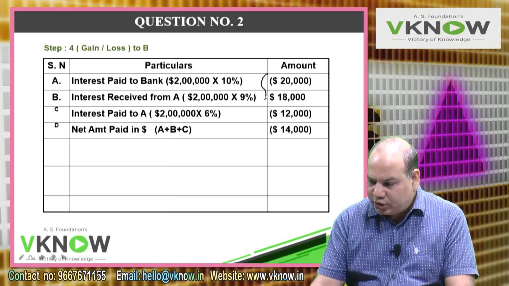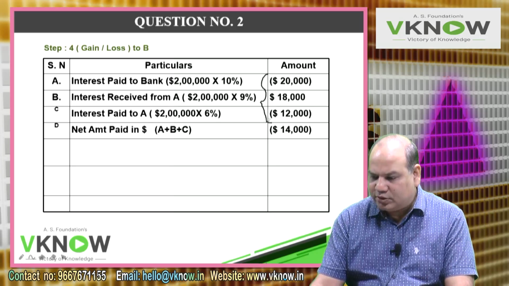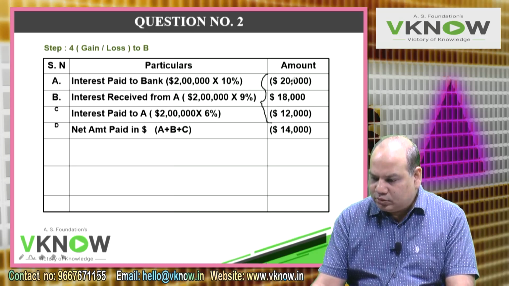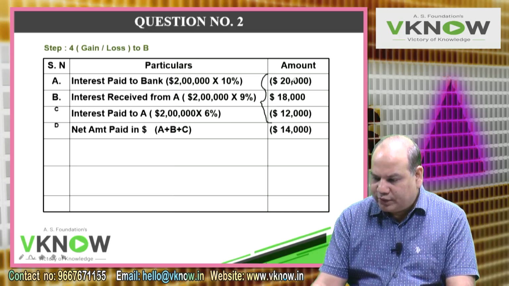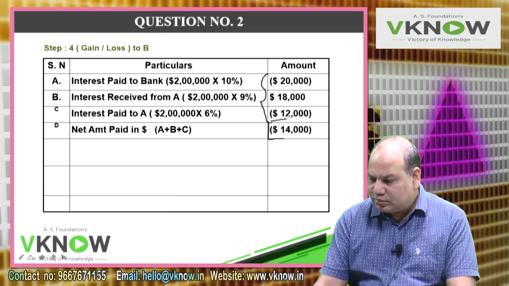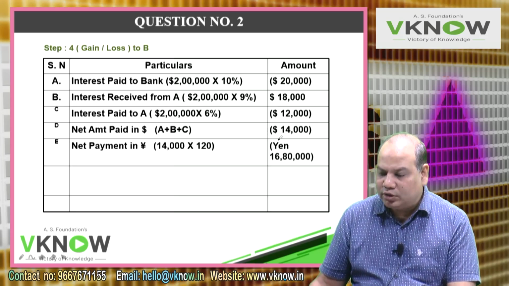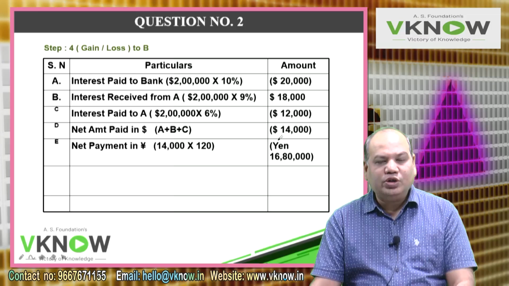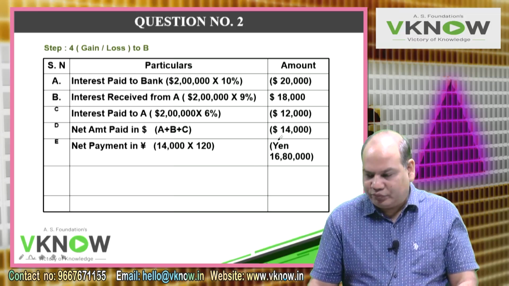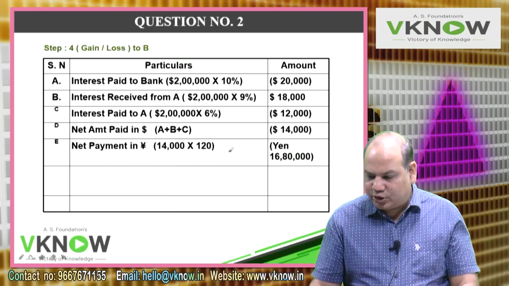Finally we have to see net amount paid in dollar. Net amount paid in dollar, A plus B plus C. 20,000 negative plus 18,000 and minus 12,000. So with the swap deal it is paying in dollar terms $14,000, but B's original requirement is yen. So ultimately they will compute in yen.